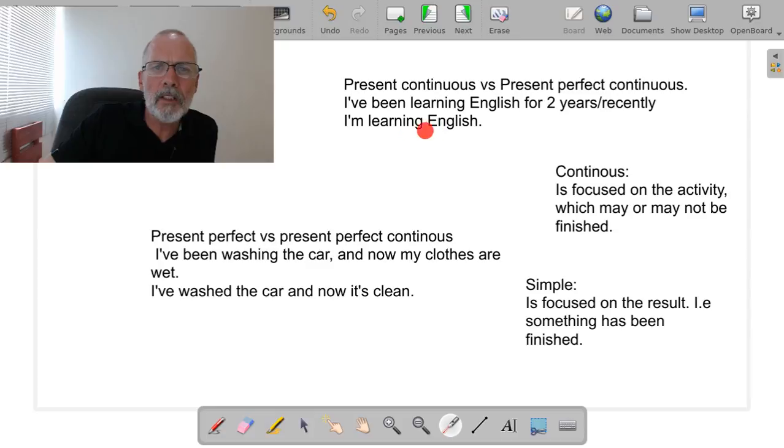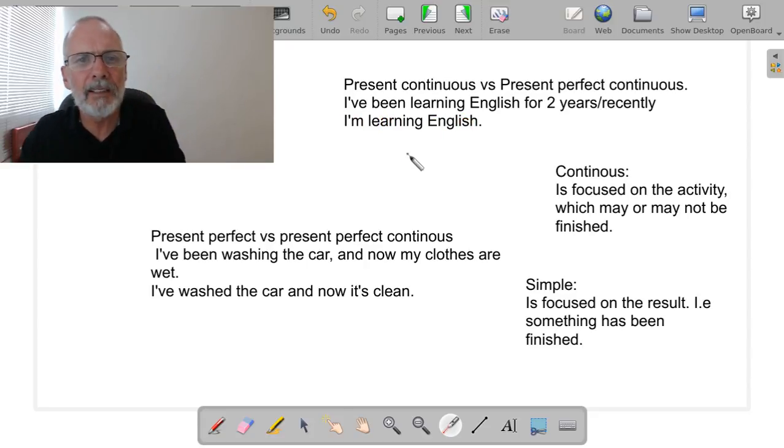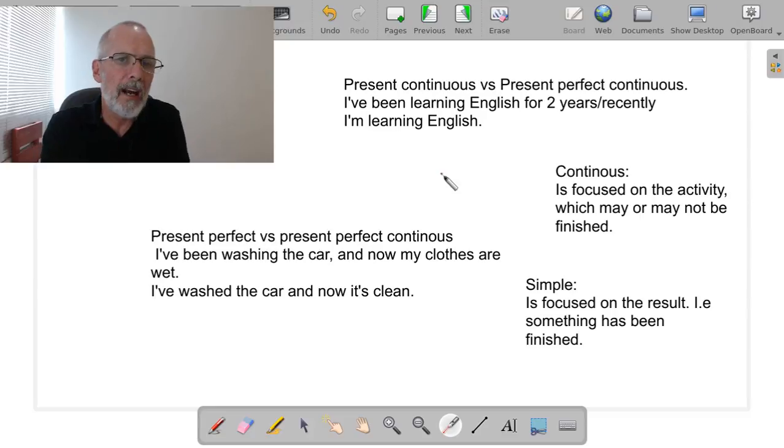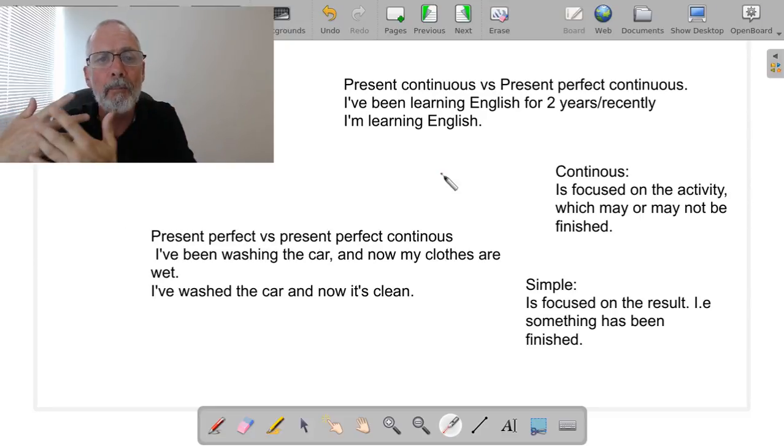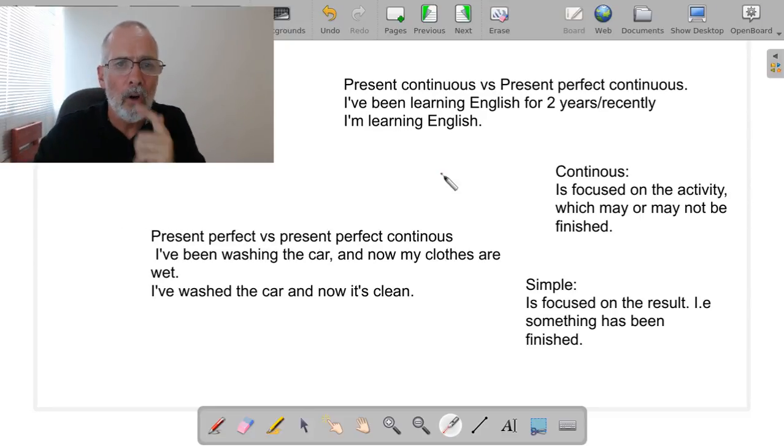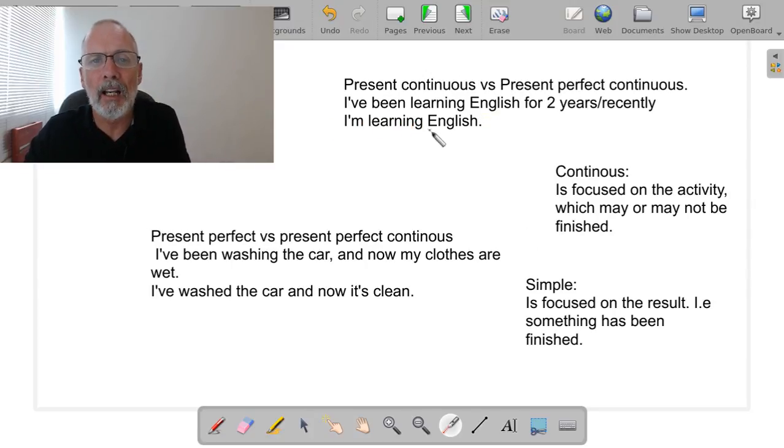We saw the present continuous in level A1, the beginner level. And we saw that the present continuous can be used for activities that are in progress now. For example, I could say, I'm speaking right now, or somebody could say, I'm learning English.